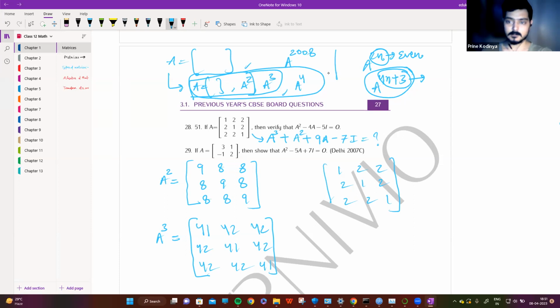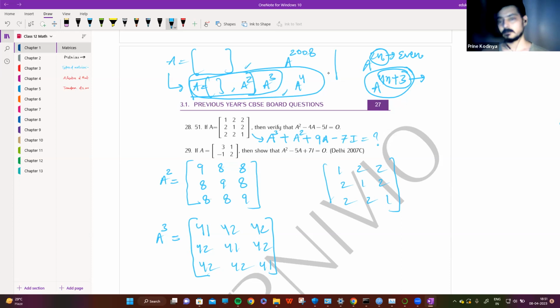If you put n as 0, this becomes A cube. If you put n as 1, it becomes 7. N as 2, then it's 11. So 4n plus 3 are basically all those numbers which give remainder 3 when divided by 4.